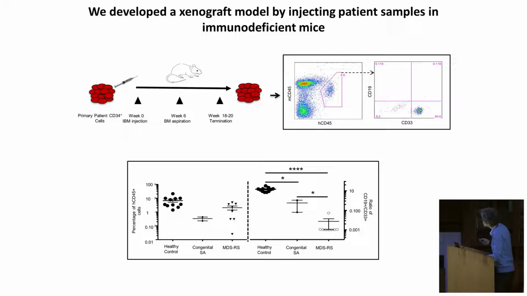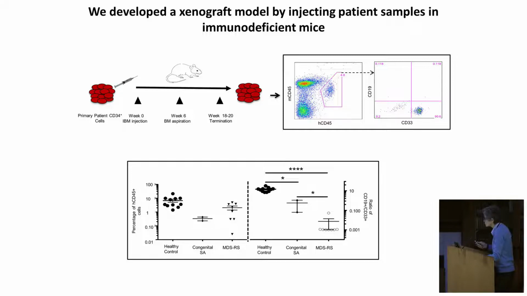In a normal condition, in our NSG model, we have a major engraftment of the CD19, the B cell compartment, and a low percentage of myeloid compartment. On the contrary, when you inject MDS or AML, you have almost exclusively myeloid populations.